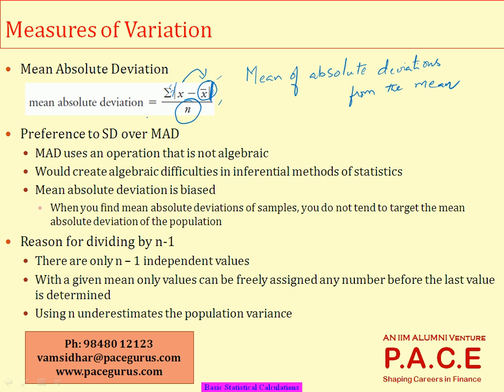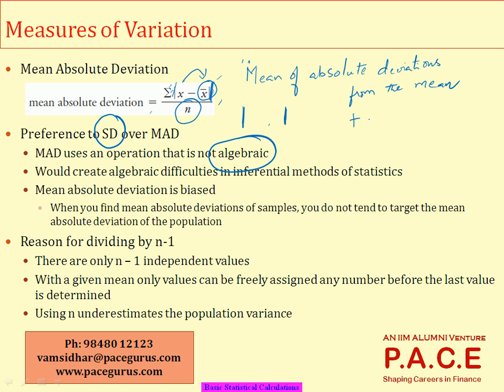But in general, standard deviation is a more preferred measure compared to mean absolute deviation to talk about dispersion, because mean absolute deviation uses the concept of absolute value, and absolute value is actually not an algebraic tool.